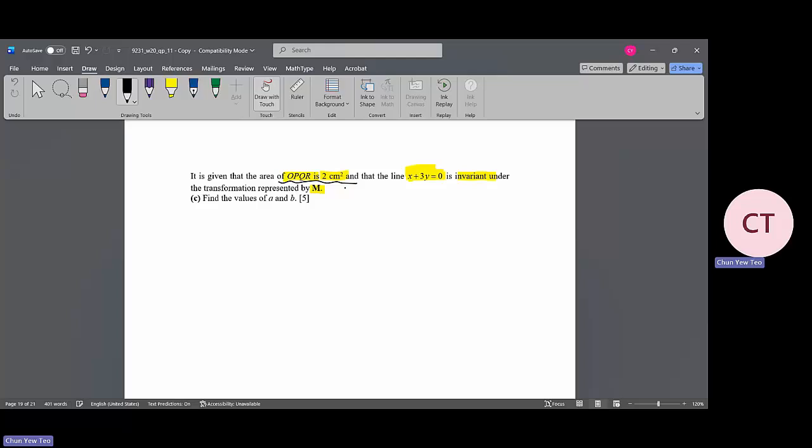From this information, the area of the image is equal to 2 cm². The area of OPQR is the modulus of the determinant of M multiplied by the area of the unit square.